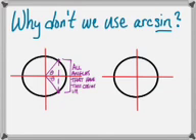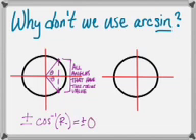If you use sine inverse, though, all this is saying is plus or minus cosine inverse of the ratio is all of these angles. So that's why we're using arc cosine. Sine doesn't work quite the same way because I have to flip it over the y-axis and I get pi minus theta.